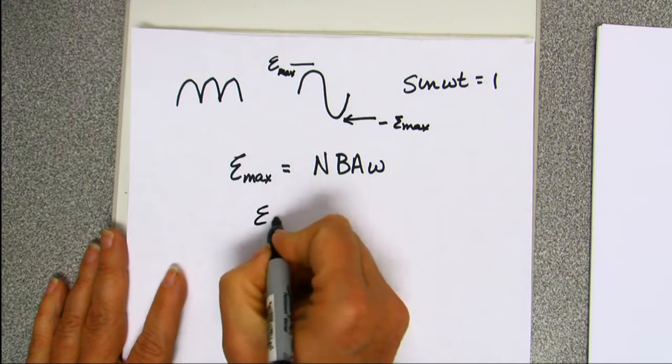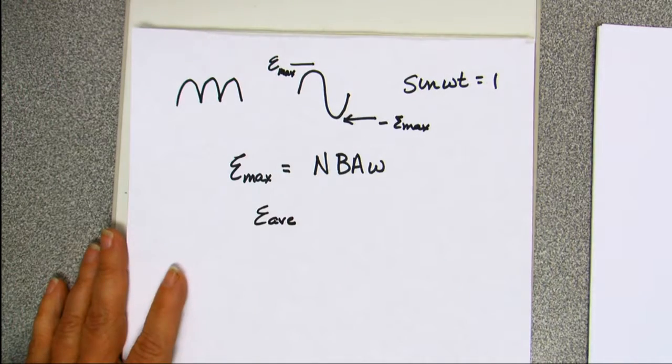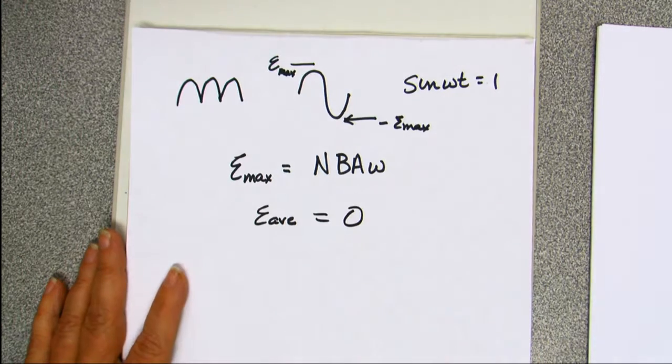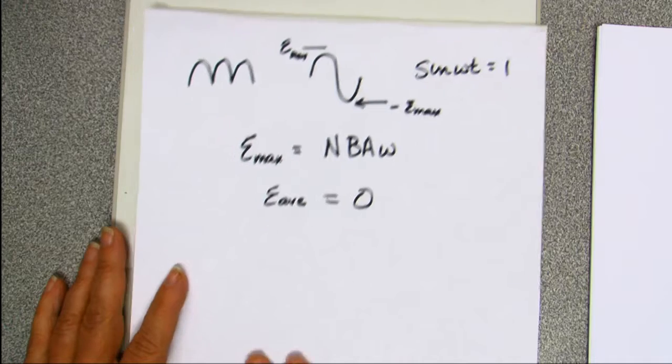And now if I want to look at E average, and that's why I've actually posted this for the root mean square, even though we've seen the root mean square before, we're actually going to talk about what it means and why we get there, because it's really important in the electricity side. If I average over cycles, and I have complete cycles, my average is 0. That doesn't do me a whole lot of good. Yeah, overall the average is 0, but I actually do have transmission, and I actually really am looking at it, and so we end up going back to look at the root mean square.